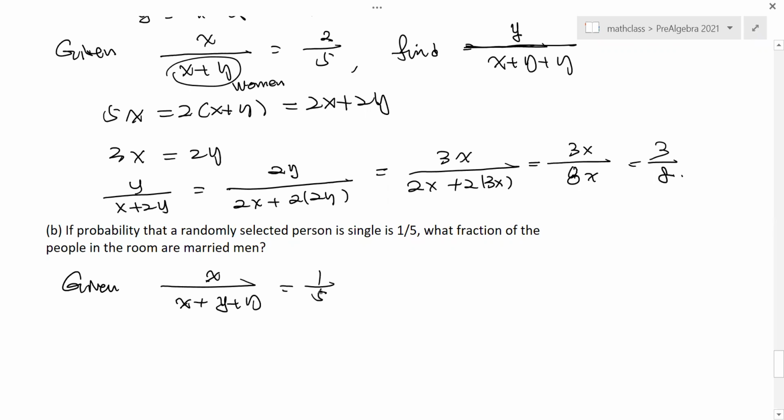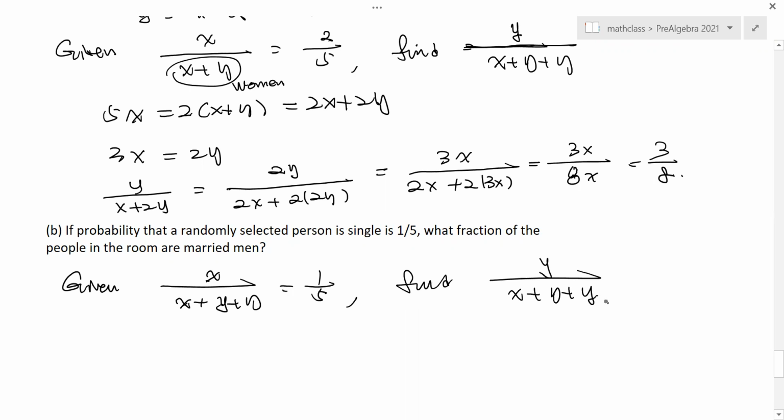That is to say, we consider all the people in the room and select one person, and that person is a single woman. It's 1/5, and we want to find out y over x plus 2y.